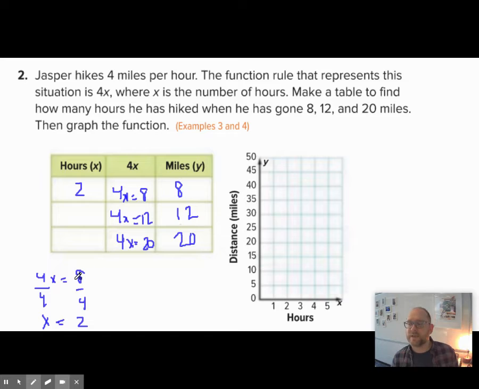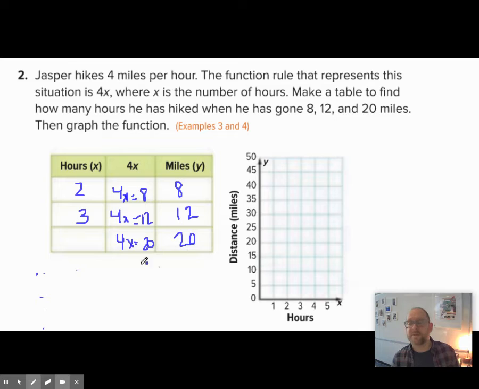In this case, we'd have the same thing. It's going to work just the same way. We take our number of miles, which is 12, and because we need to divide by 4 to get x by itself, we'll divide 12 by 4, and 12 divided by 4 is 3.